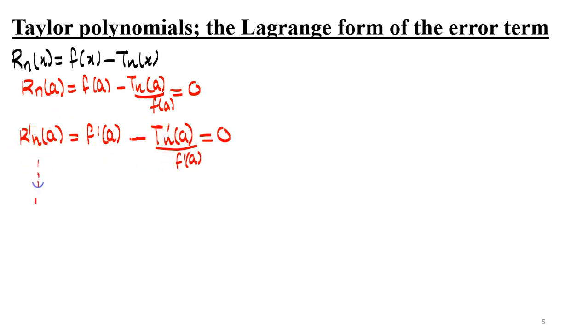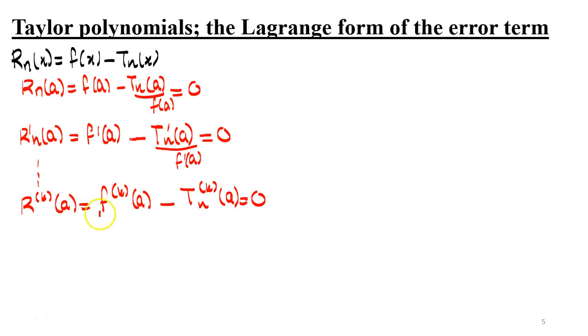And similarly, the derivative of order k of Rn at a is the derivative of order k of f at a minus the derivative of order k of the Taylor polynomial at a. And over here, the derivative of order k of T at a would in fact be equal to the derivative of order k of f.